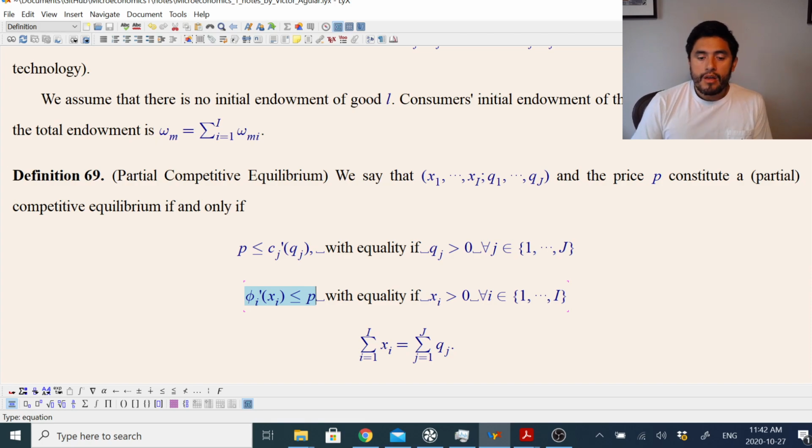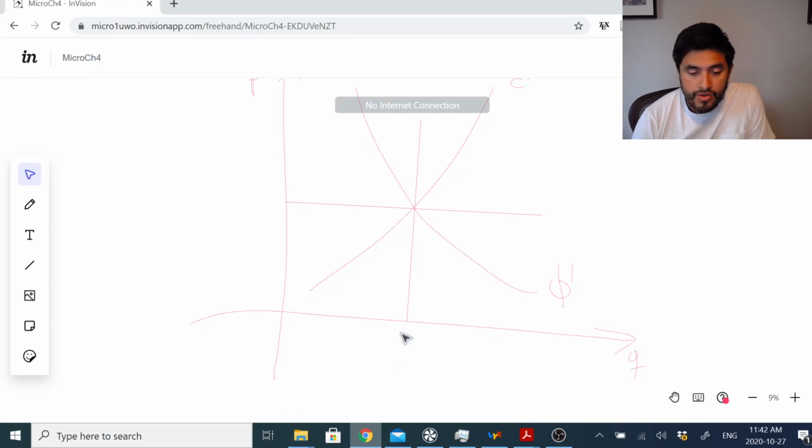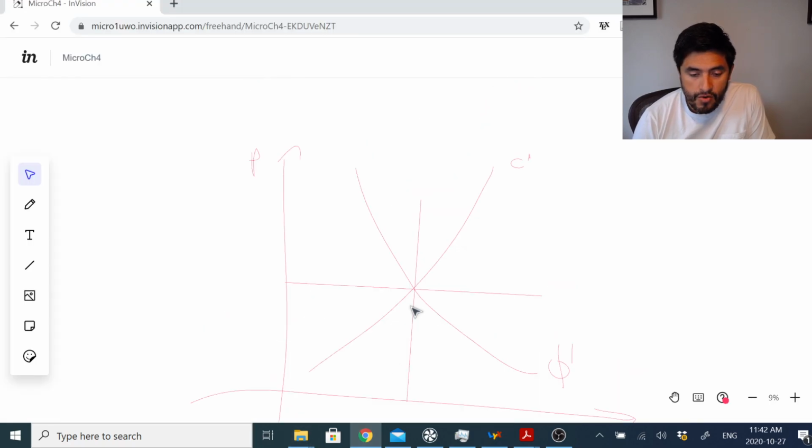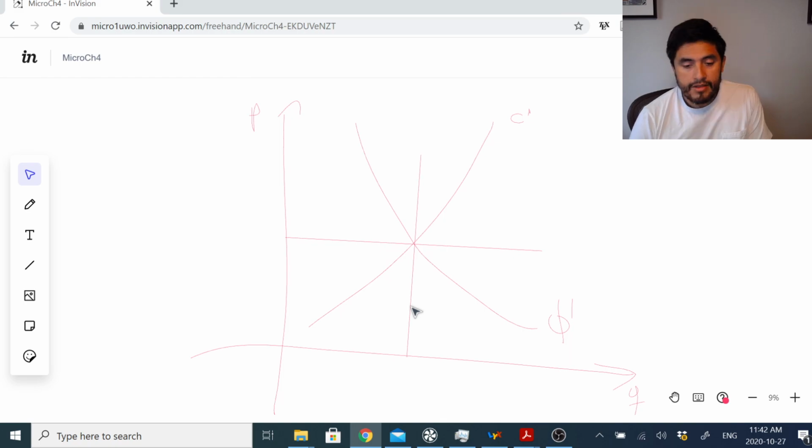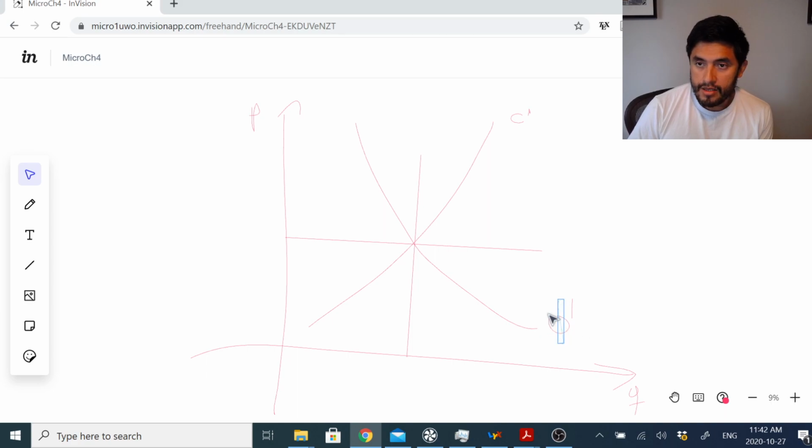Now this model is actually the model you learn in undergrad. This is the famous cross of supply and demand. Basically, the marginal utility for the one good will look like a decreasing curve because of the slope that we mentioned. And the marginal cost will be an increasing slope.